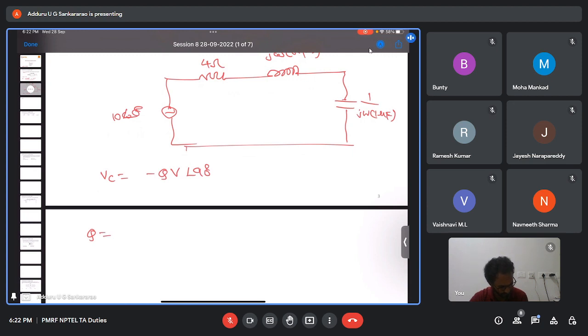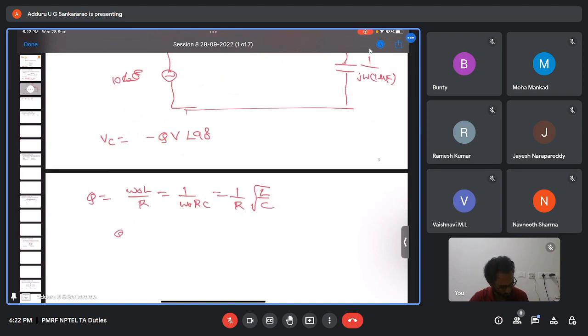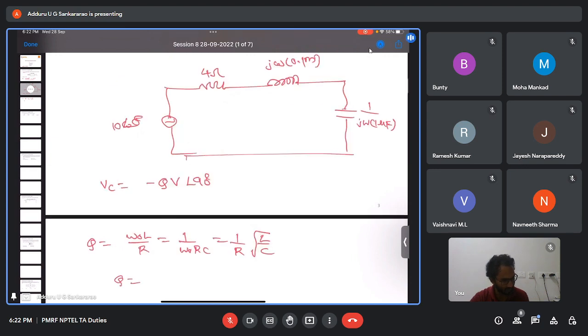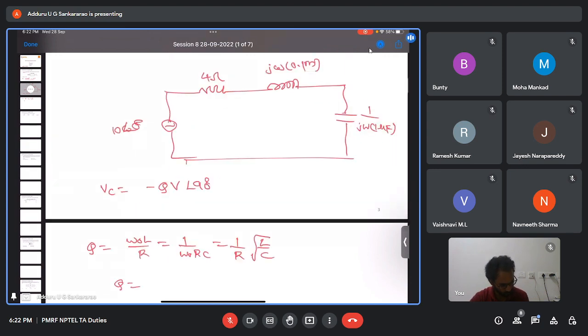Three definitions we have seen: omega naught L by R, or 1 by omega naught RC, or else 1 by R root L by C. All these are different definitions of Q. Based on the RLC values we have, 1 by R is 1 by 4, L is 0.1 milli Henry, and C is 1 into 10 power minus 6. So we get 10 by 4, 2.5 is the Q factor.